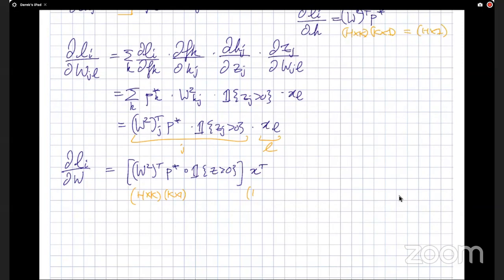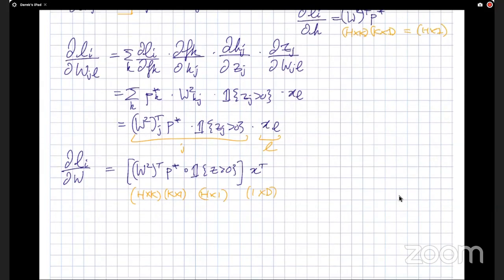This is the Hadamard product. If I have two vectors, I just do pointwise multiplication for each entry, so I get back an H by 1. After all that, it's an H by 1 by 1 by D, which is an H by D.